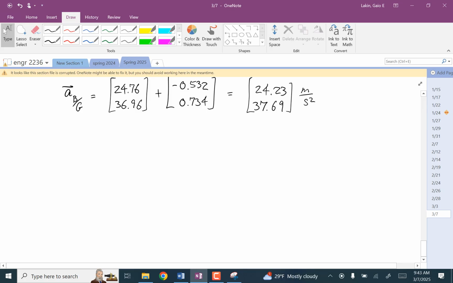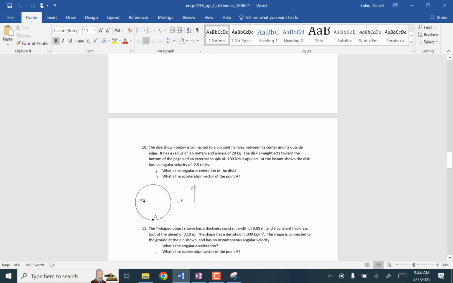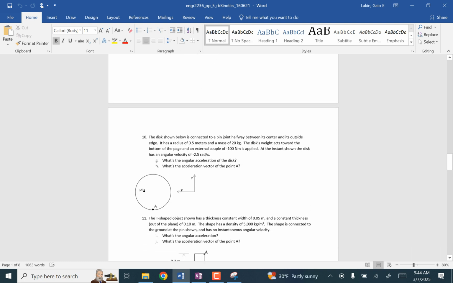Number 10 for the answer key, I think you pointed from your point A to your pin rather than the center of mass. Should it be from the center of mass for inertia? It doesn't really matter for moment of inertia because you're just squaring stuff, so it's just distances. For the rho vector, it would matter if I did that in calculating my moments.